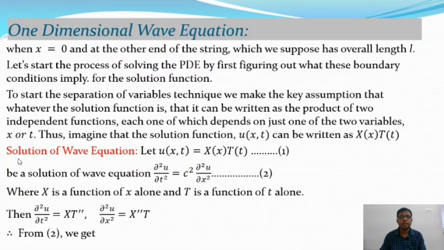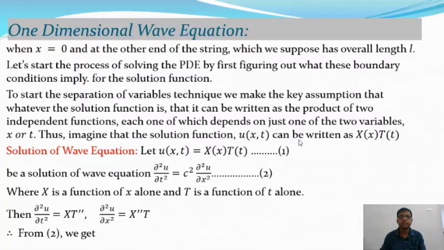Thus imagine that the solution function u of x comma t, the solution of the given partial differential equation, can be written as X of x into T of t, where x is the one end point 0 and the other end is the overall length L, so that x lies in the interval 0 comma L.